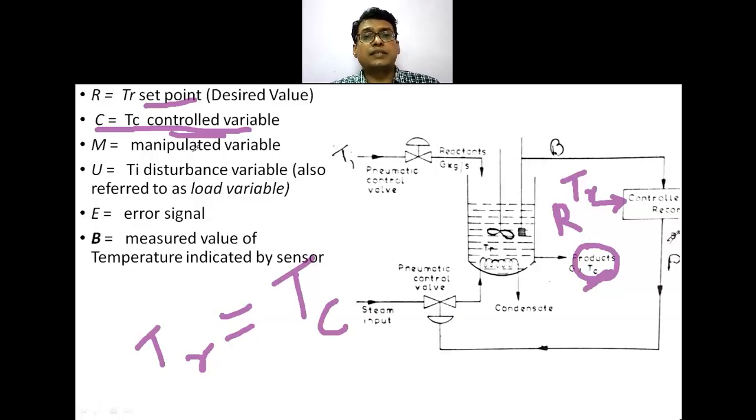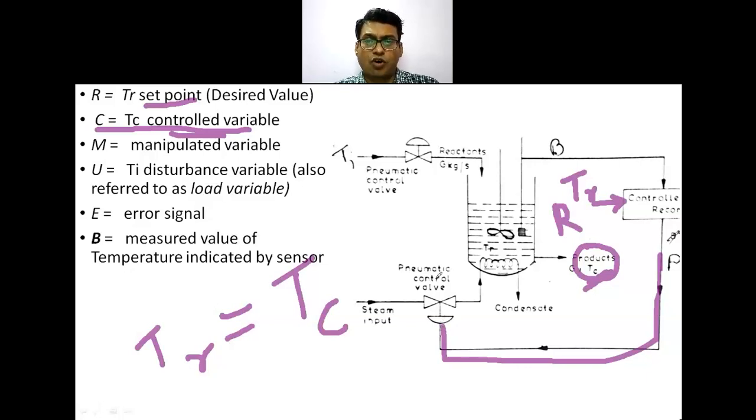So M is the manipulated variable. That is this manipulated variable, the output signal from this controller, it goes to the final control element, that is to a control valve, and it adjusts its position depending on the signal from the controller.